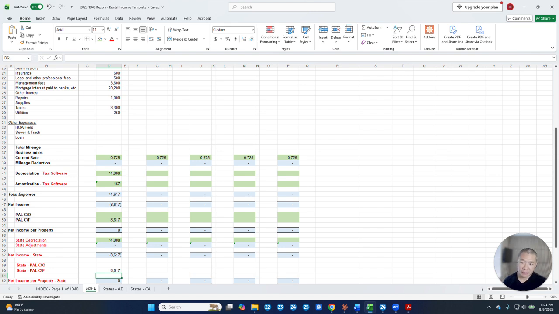Oh, and then also, if you or your spouse has real estate professional status, that means you are working 750 hours or more in a real estate trade or business. Think real estate agent, property manager, real estate development, and you can make more than that. You just have different rules.